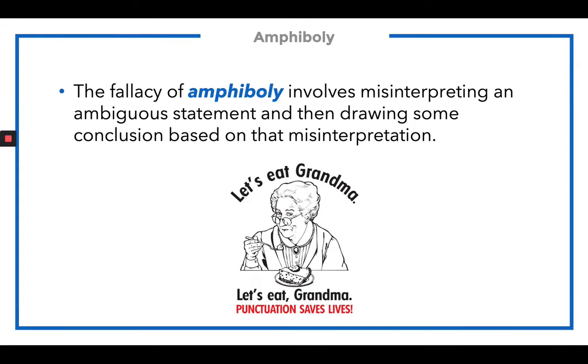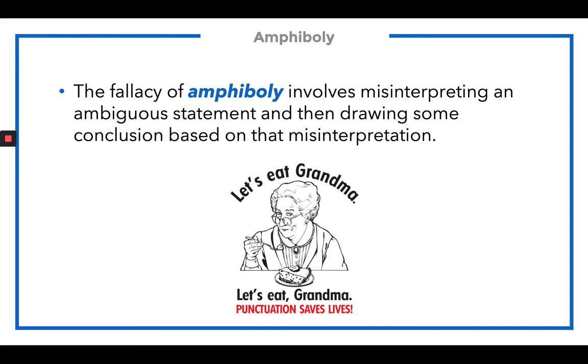The other fallacy of ambiguity that we're going to look at is called an amphiboly. The fallacy of amphiboly involves misinterpreting an ambiguous statement and then drawing some conclusion based on that misinterpretation. Here's an example of something someone might say that could get misinterpreted. They might say, "Let's eat, Grandma." That's different from saying, "Let's eat Grandma."